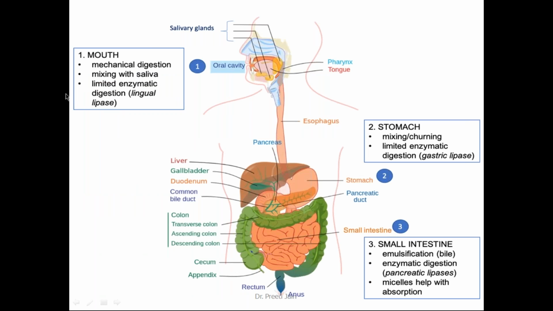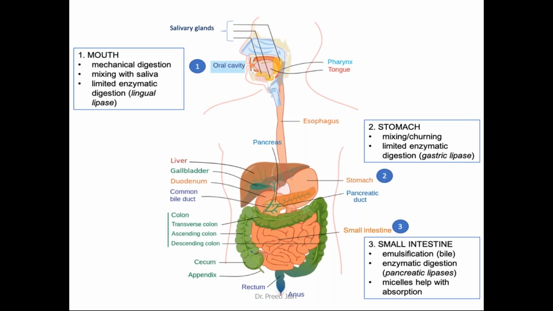Right? So in the mouth, it is basically the mechanical digestion. That means when you are chewing and then swallowing, the mixing action breaks down the larger fat particles into smaller fat globules, right?